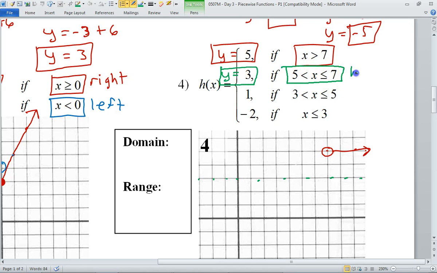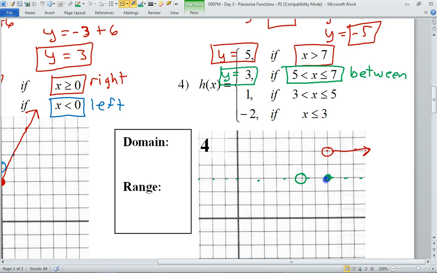When I look at something like this, I think the word between. Between. We are between 5 and 7. Okay? So it's going to be between 5 and 7 on this line. So 1, 2, 3, 4, 5. Open circle. 6, 7.